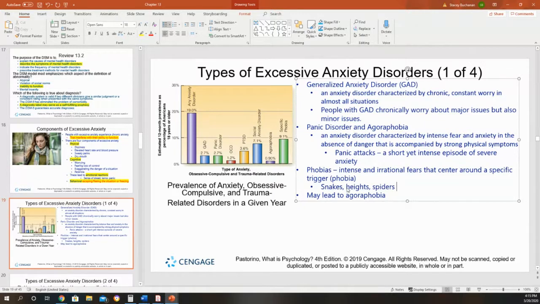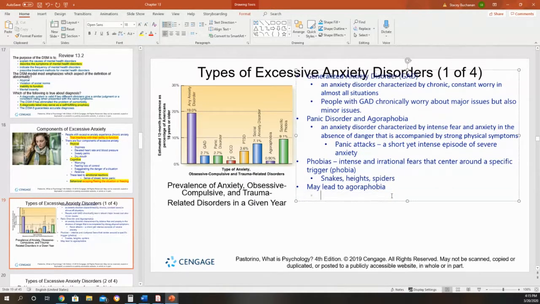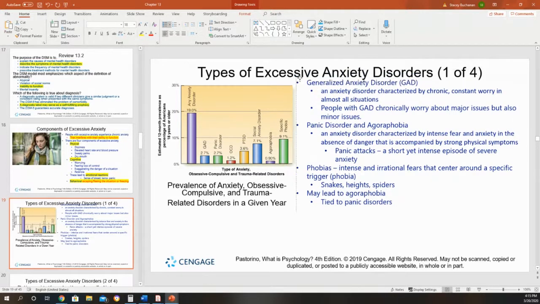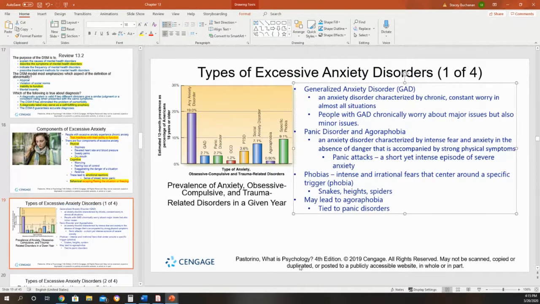A couple other ones: social anxiety disorder. So that's a phobia of social situations, and agoraphobia. So agoraphobia is tied to panic disorders. Not always, but it is usually.